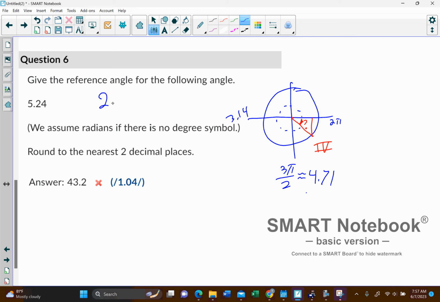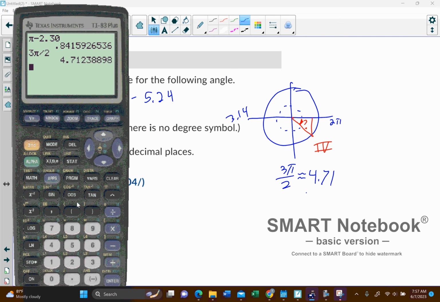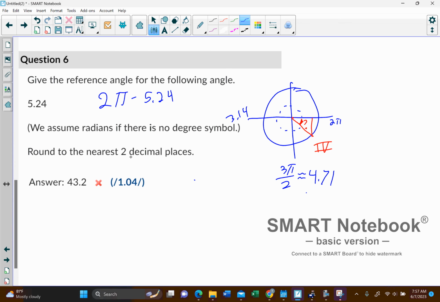So we're going to take 2 pi this time and subtract 5.24. Let's go ahead and do that. 2 pi minus 5.24, and we get 1.04. And once again, you can see it down right there, 1.04.